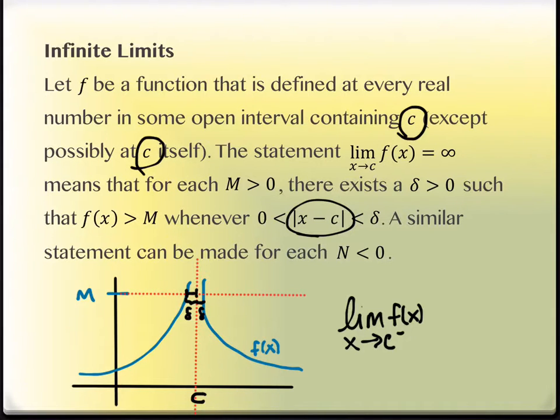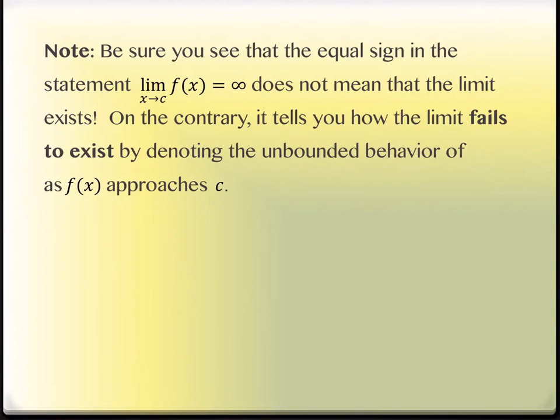Now, be sure and note that the equal sign where it says limit doesn't really mean the limit equals something. A limit is supposed to be a numerical value, and infinity is not a numerical value, right? It's this concept of something being unbounded. So this actually tells you exactly how the limit fails to exist.